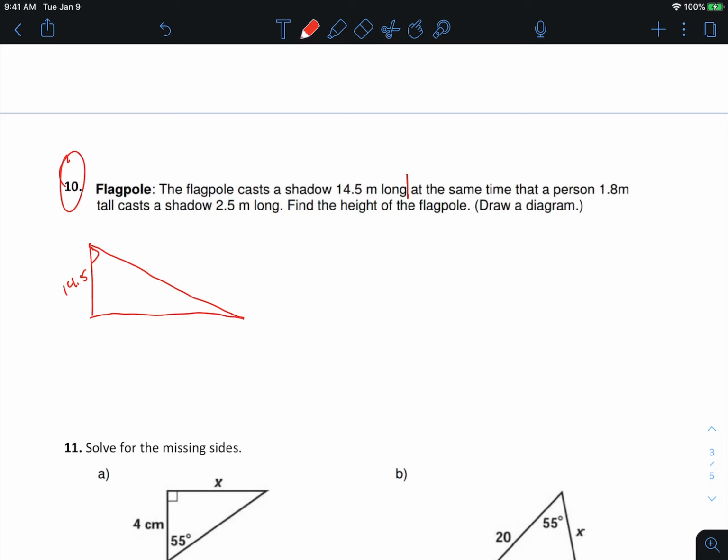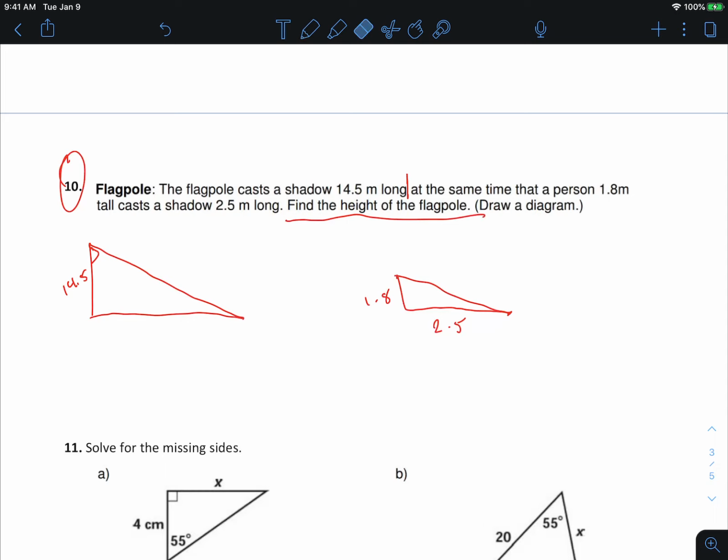And then at the same time, a person 1.8 meters tall stands and casts a shadow. How long is the shadow from the person? 2.5 meters long. Find the height of the flagpole.